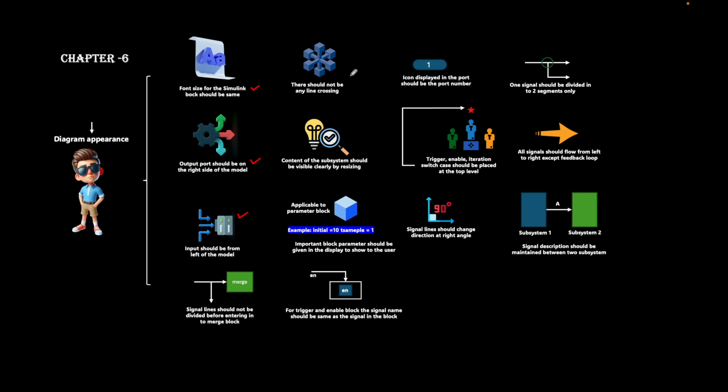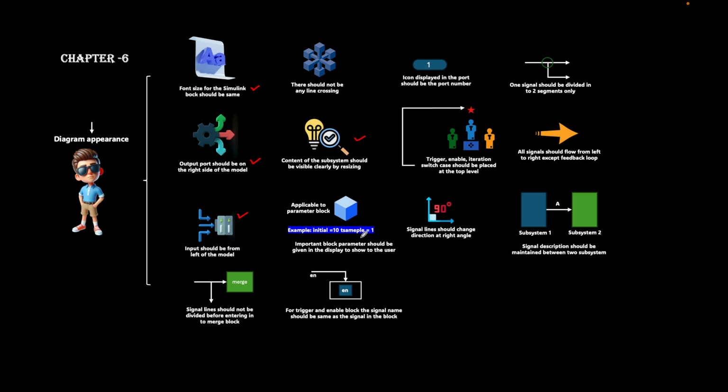If you are drawing lines, the signals should not cross each other. That is the main thing. The content of the system should be visible clearly. Whatever you write in the model, like some signal names or subsystem inputs and outputs, those names should be visible clearly.